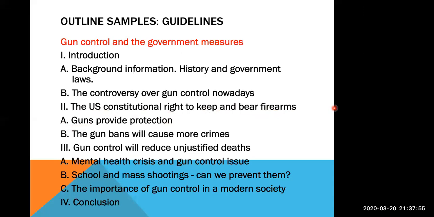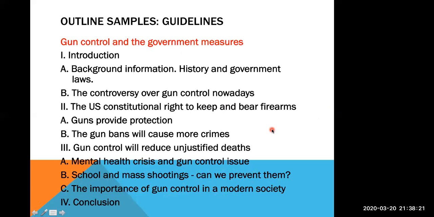And in the third part, he talked about gun reduction, how gun control will reduce unjustified death, you know? So he provided us with 3 major subheadings that support his argument. He has mentioned the mental health crisis and gun control issue, school and mass shootings, can we prevent them?, and the importance of gun control in a modern society.